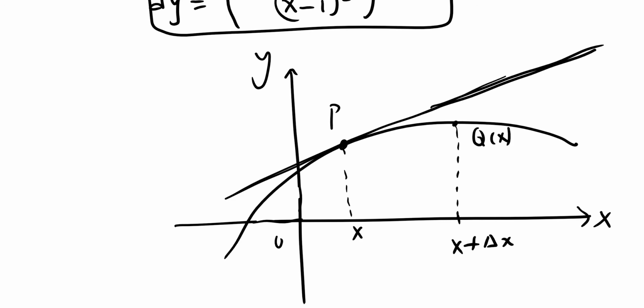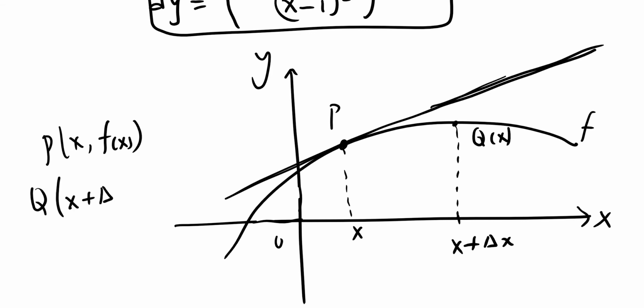So there are two points. P is x comma f of x, and Q is x plus delta x comma f of x plus delta x. These two points.